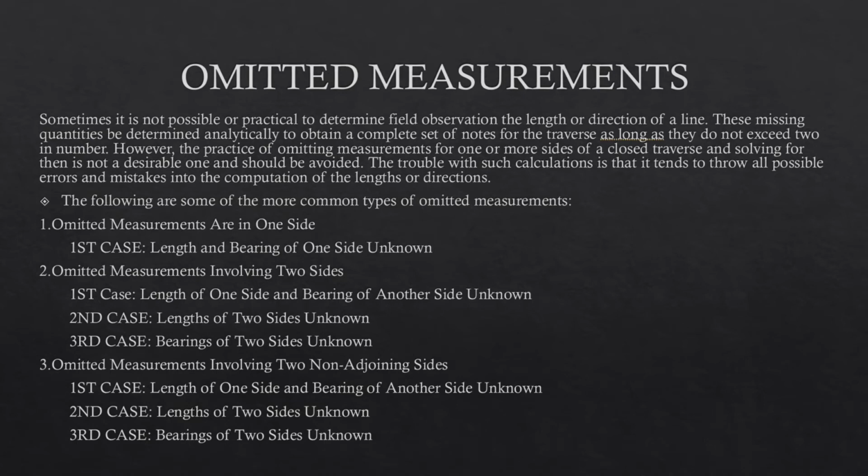Second, length of two sides unknown. Third, bearing of two sides unknown. Ang pinagkaiba nito saka ito, adjacent yung sides na yun or magkasunod lang. Kunyari AB, then BC, ang wala dito. Pero dito sa third natin, magkahiwalay. Mas mahirap na kunin. For example, AB, wala. BC meron, pero CD wala. So, ganun yung ibig sabihin nun.